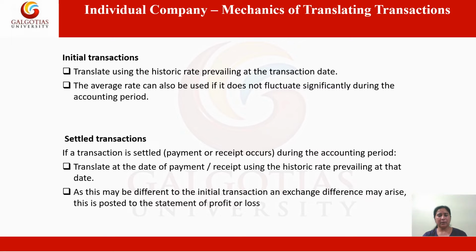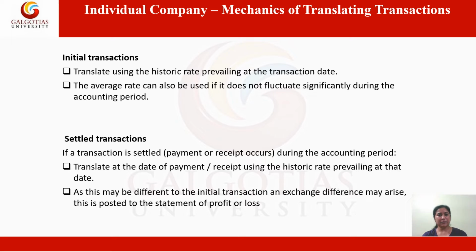IAS 21 includes mechanics related to translating transactions, or we can say it also underlines the accounting treatment which has to be undertaken while translating transactions related to foreign currency.